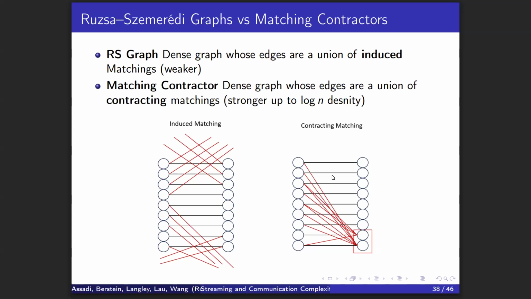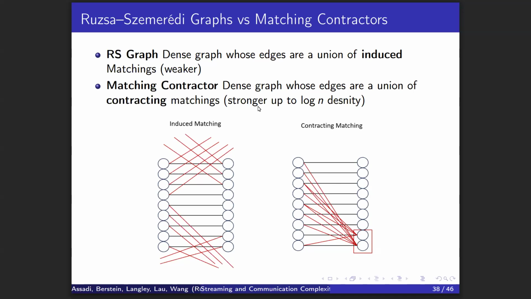And a matching contractor basically says that I have a matching, and I'm only looking at one side of the matching, but I need all the other edges leaving to be contained in a tiny set of vertices. So this matching contractor can be viewed as a stronger notion of a Ruzsa-Szemerédi graph. And actually, we show that the construction that we use for matching contractors can also be used to construct Ruzsa-Szemerédi graphs up to polylog density.